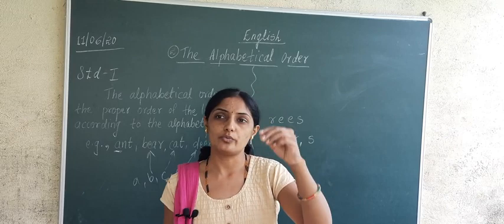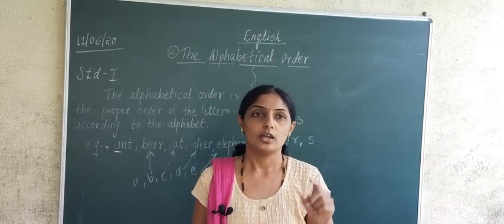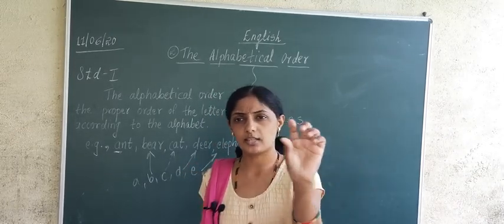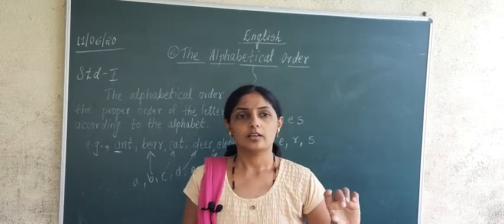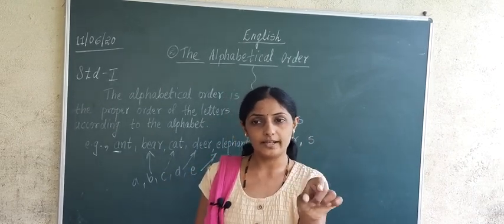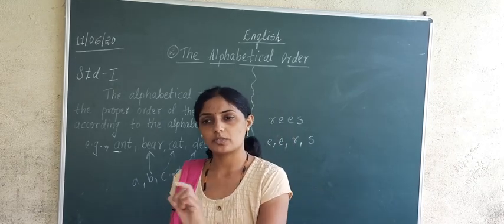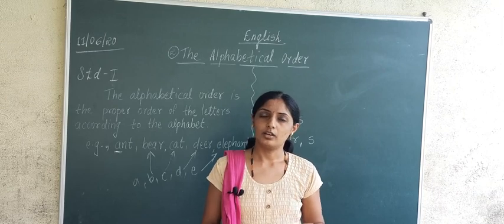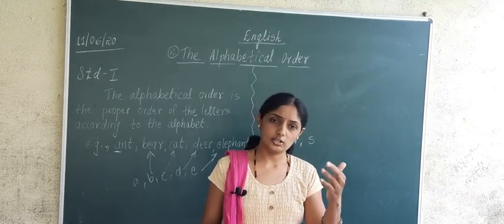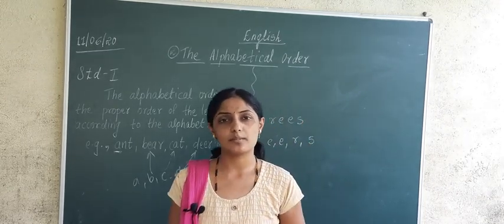In a register what we do, we write down names in sequence. First we write down all students' names of A, then we write down all students' names of B series, correct or not? Then we start all names of students with C, then D, E, F. That we do in school registers. In your attendance book also we are writing in the same sequence.